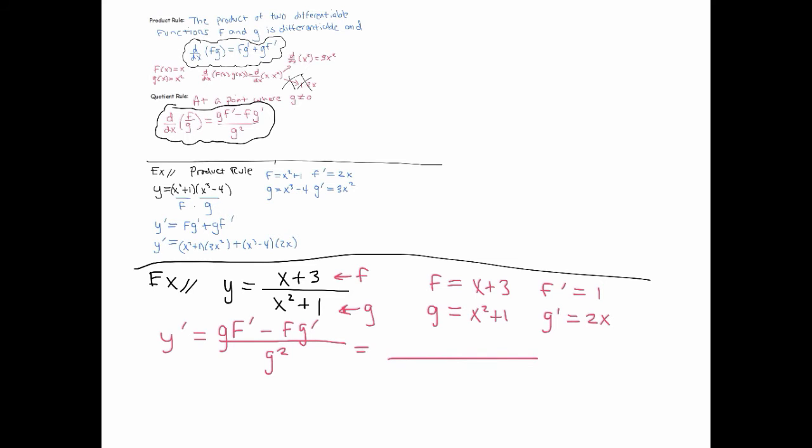The denominator is g squared, so that's x squared plus 1 quantity squared. And then I see g again immediately in the numerator, x squared plus 1 times f prime, which is 1. And then I subtract f, which is x plus 3, times g prime, which is 2x.